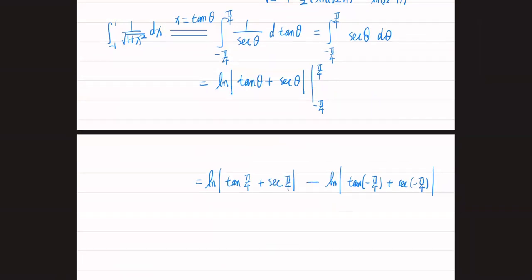Okay, let's evaluate. This will be 1, square root of 2, and negative 1, square root of 2.